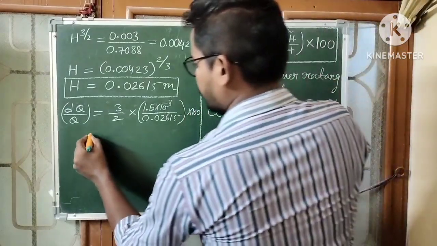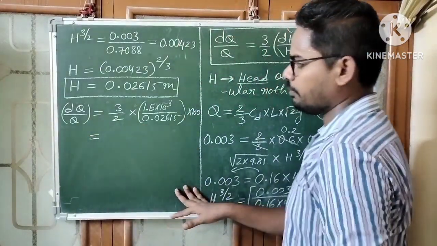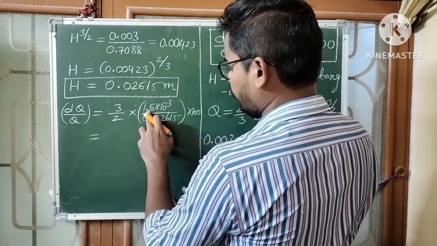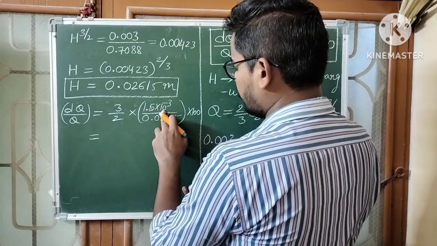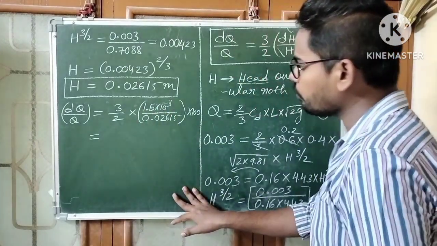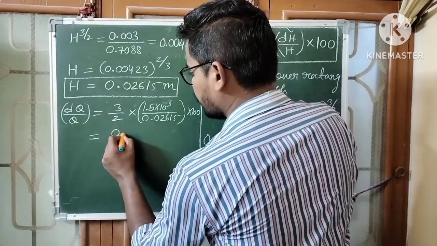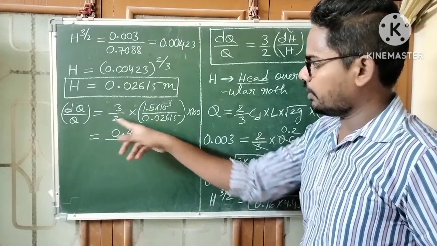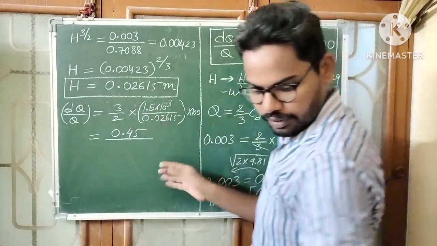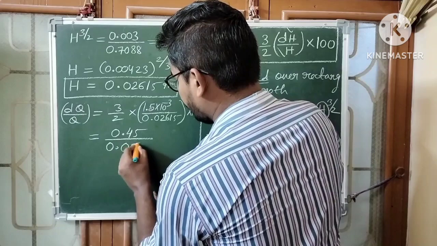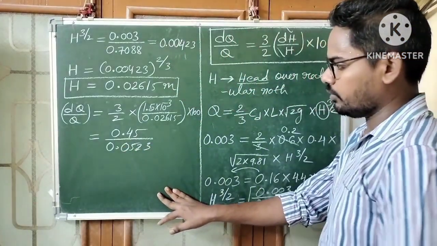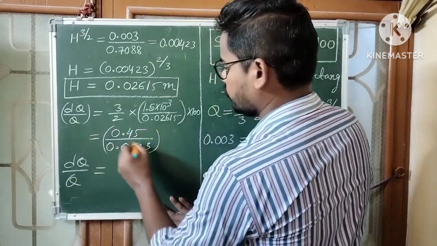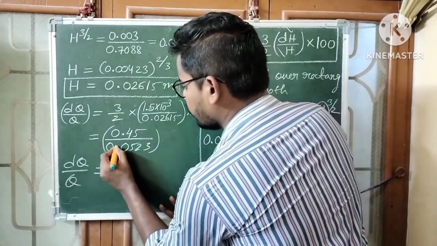First multiply numerators and denominators separately: 3 into 1.5 is 4.5, so 4.5 into 10 to the power of minus 3, which is 0.0045, and into 100 gives 0.45. In the denominator, 2 into 0.02615 gives 0.0523. Now dQ by Q is 0.45 divided by 0.0523.